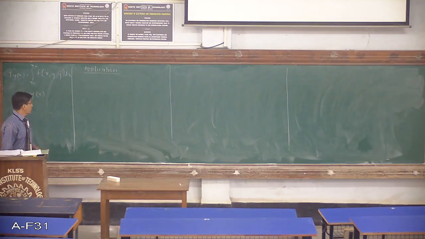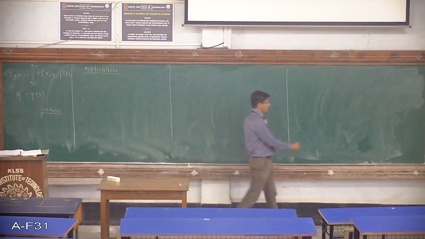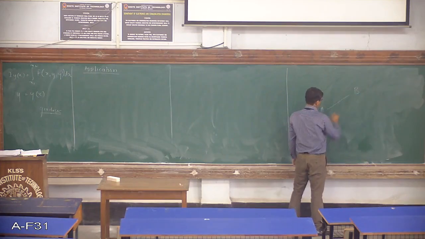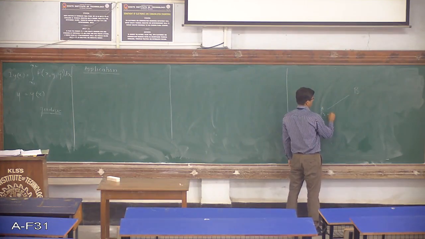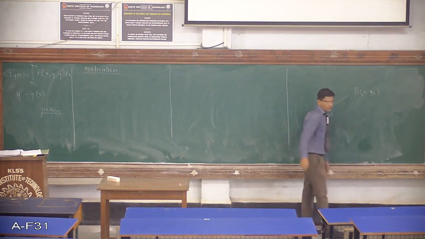Yesterday we did a problem on the geodesic, which is the shortest length between 2 points on the surface. Suppose this is my point A and this is my point B, let us consider them as x1, y1 and x2, y2.